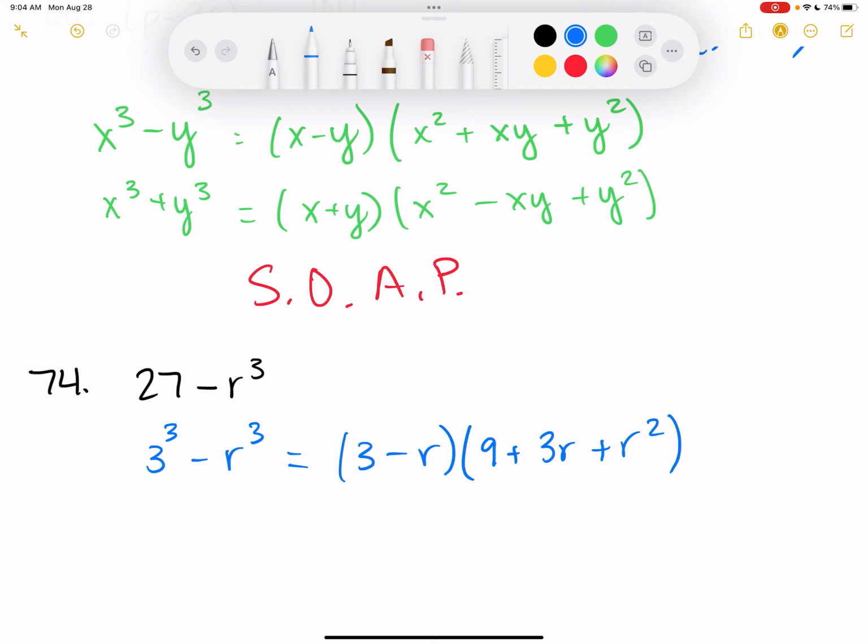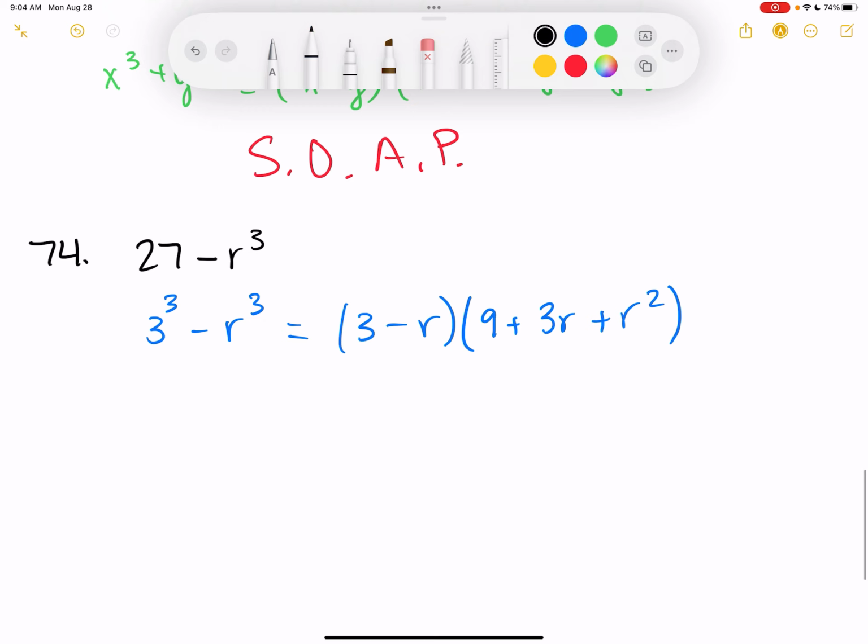Let me see if I can get a sum of cubes. All right, I'm just going to do 80, but I'm going to modify it, so it's not really going to be problem 80 at all.